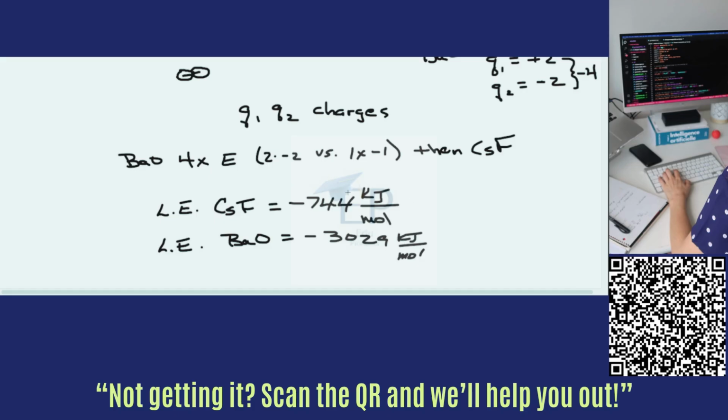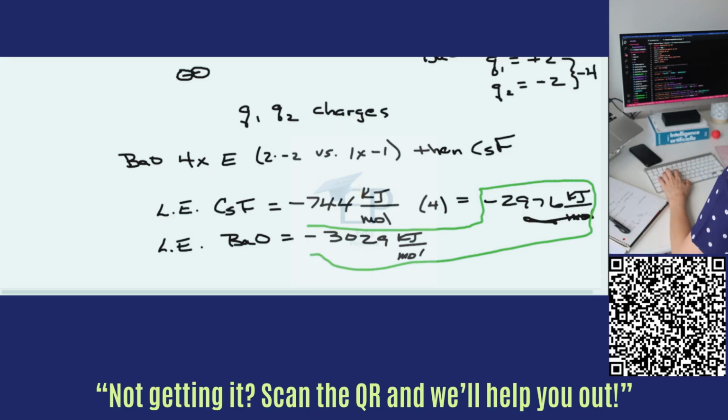And so if we took this -744 and we multiplied it by 4 times greater, we wind up with -2976 kilojoules per mole. And you can see that then, you know, those numbers here are roughly, right? Not exactly, but they're roughly equal.